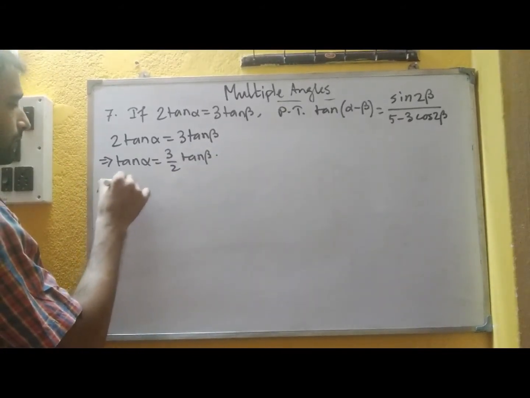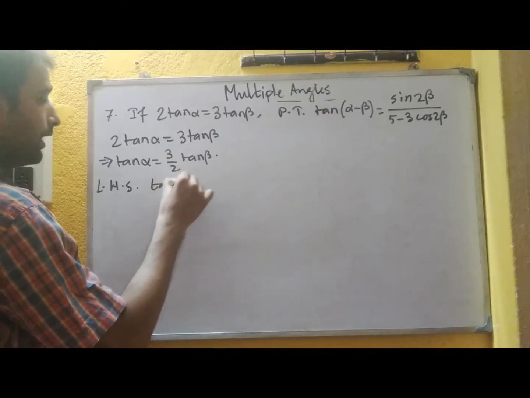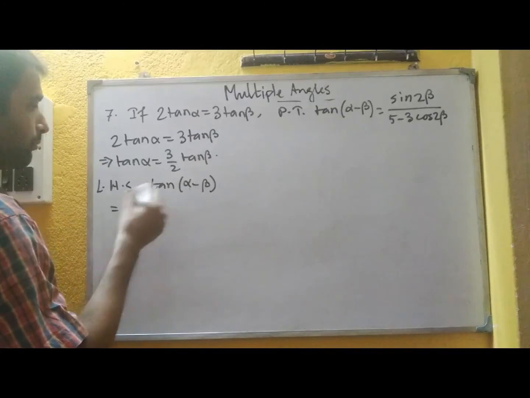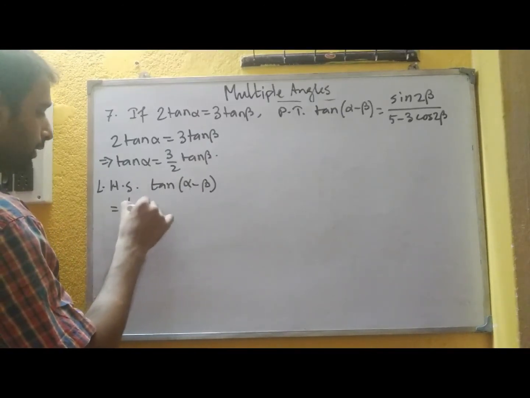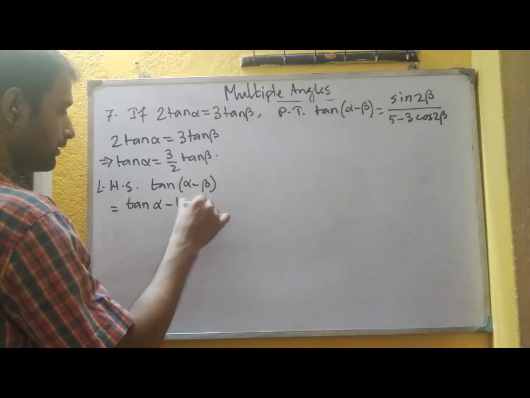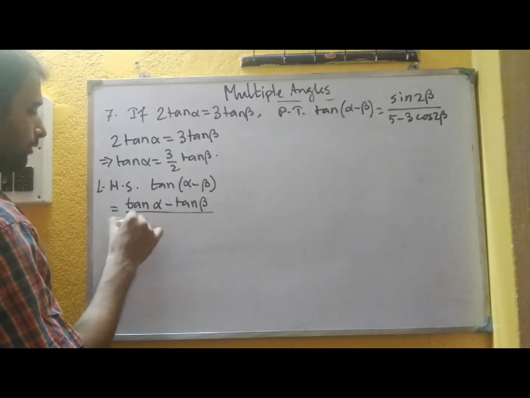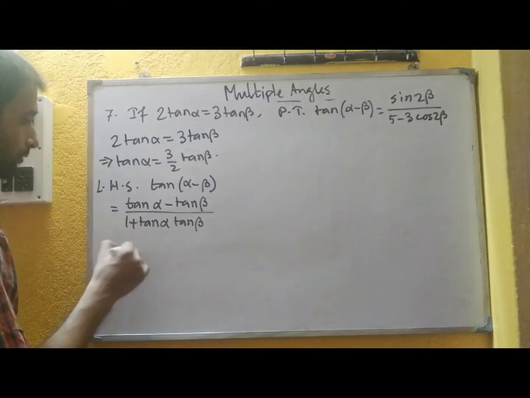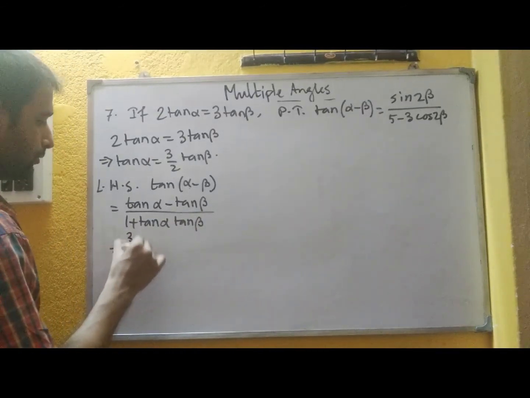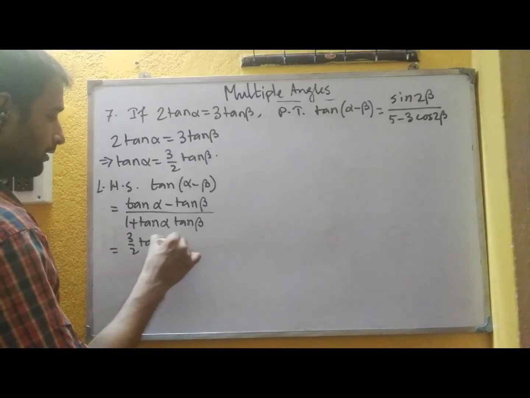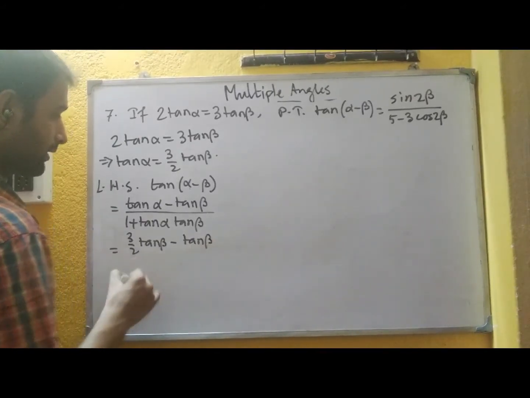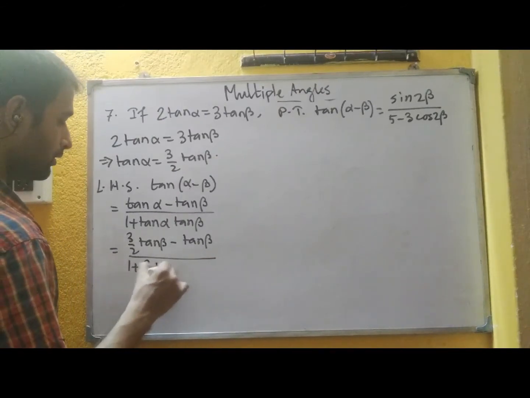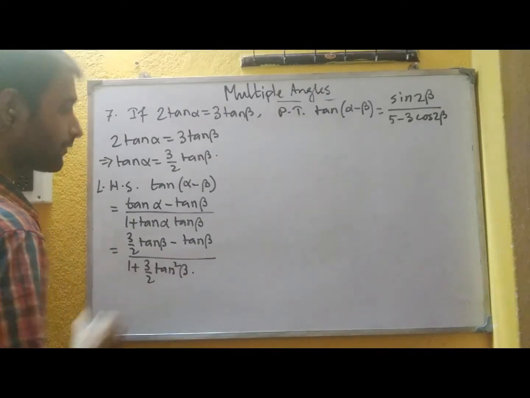Then we are starting with the LHS. It is tan of alpha minus beta. And we are putting the formula of this. So it will be tan alpha minus tan beta by 1 plus tan alpha tan beta. Now for tan alpha, we can put 3 by 2 tan beta minus tan beta divided by 1 plus 3 by 2 tan square beta.